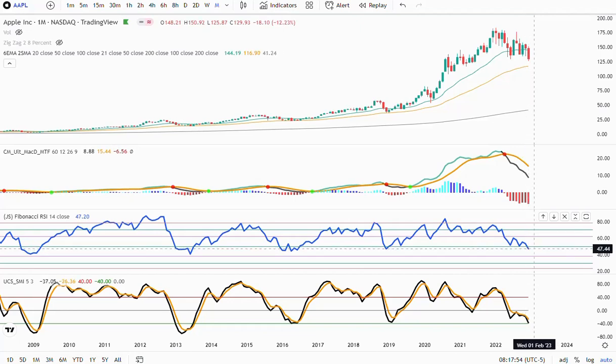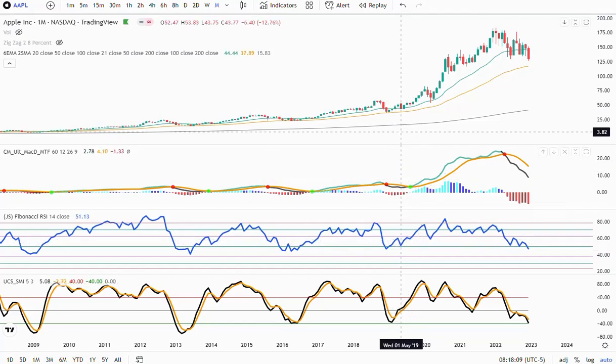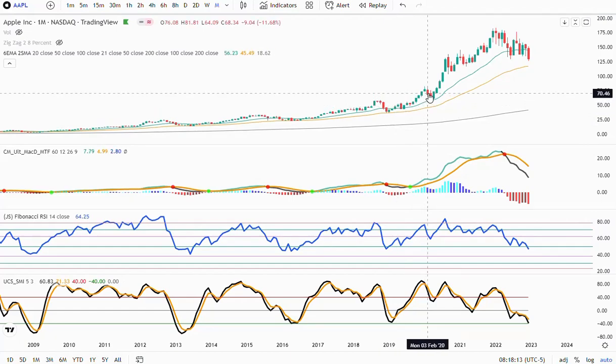So in order to see a sustained rally month over month, you need RSI to get back above the 50 level. You can see right here, it fell below the 50 level, but once it got back above 50 and stayed above 50, when momentum indicators are positive, you tend to see higher prices.